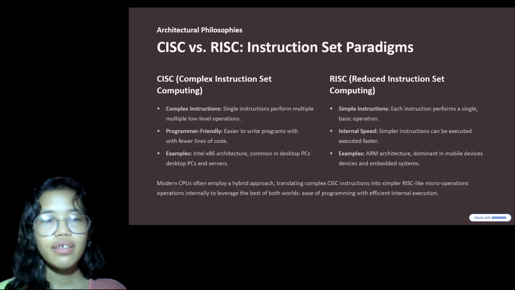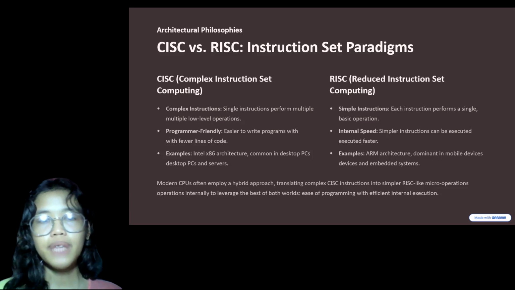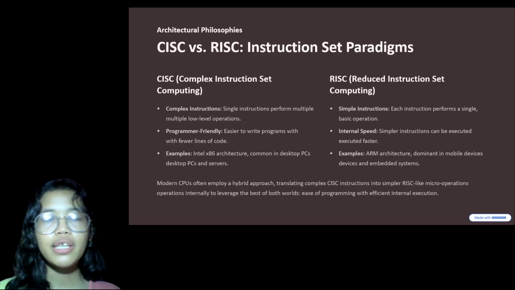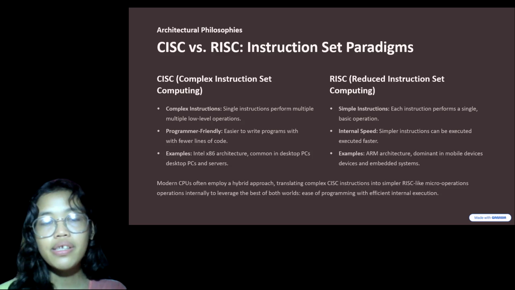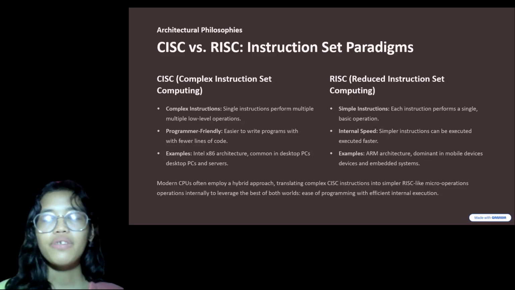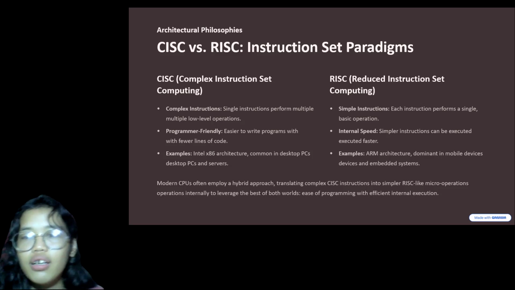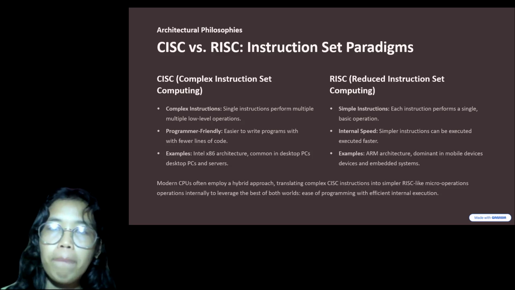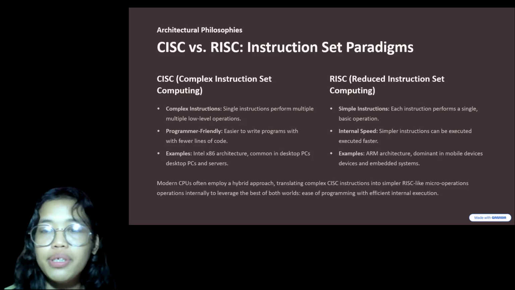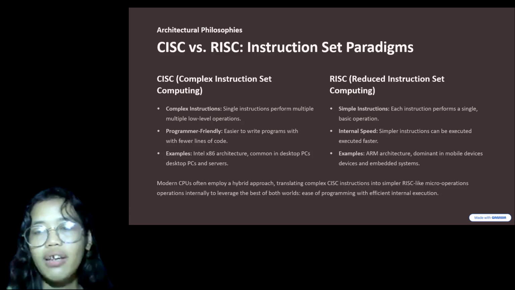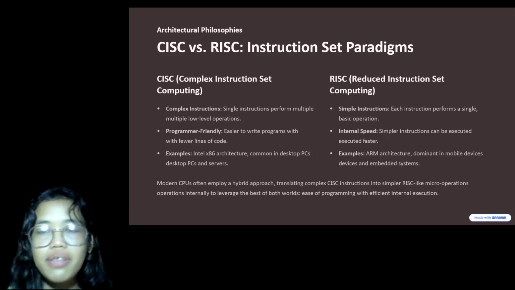A programmer-friendly example is the Intel x86 architecture, commonly seen in desktop PCs and servers. While RISC, or reduced instruction set computing, uses simple instructions that perform a single basic operation. The internal design is much simpler and can be executed faster. The example is the ARM architecture, dominant in mobile devices and embedded systems.